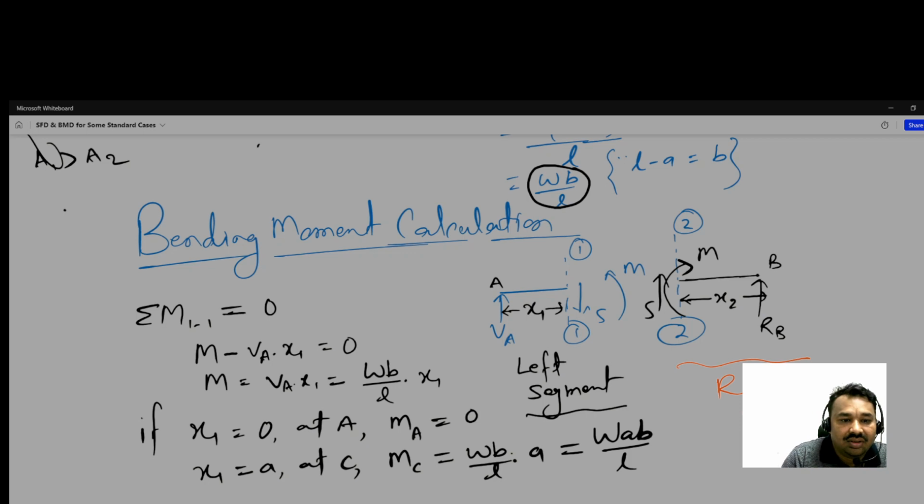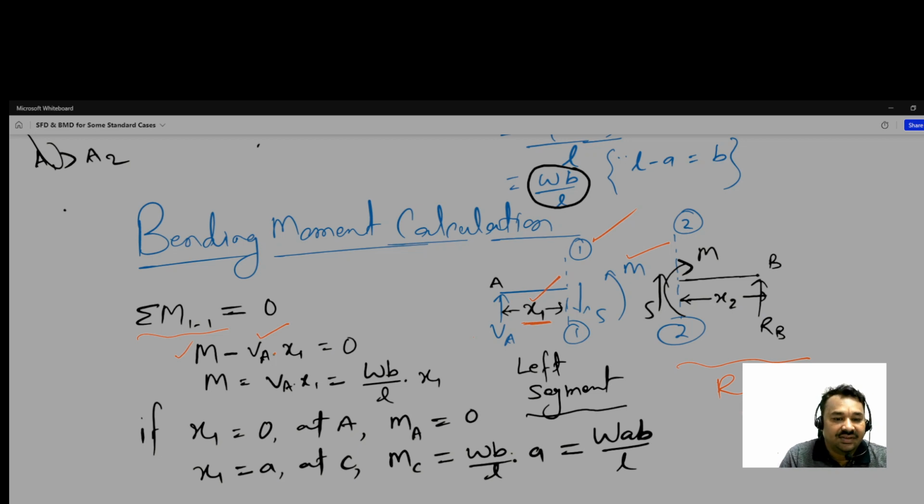Moment about 1-1 is equal to 0. Then M is acting anti-clockwise, so positive. V is acting clockwise, that's why with minus sign, and multiplied by the distance. Distance is this one, x1, the perpendicular distance.